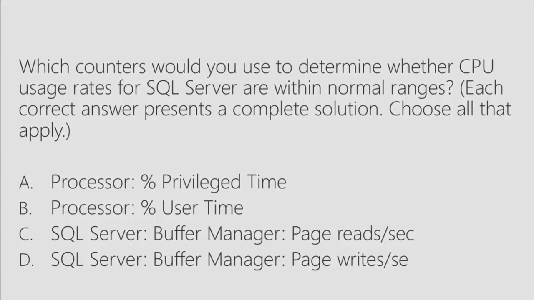I'm just talking about the text. The first two are both processor, and the second two are both SQL buffer manager. So I have to make a decision. Is it processor or buffer manager? And once I make that decision, then I can make the next decision.